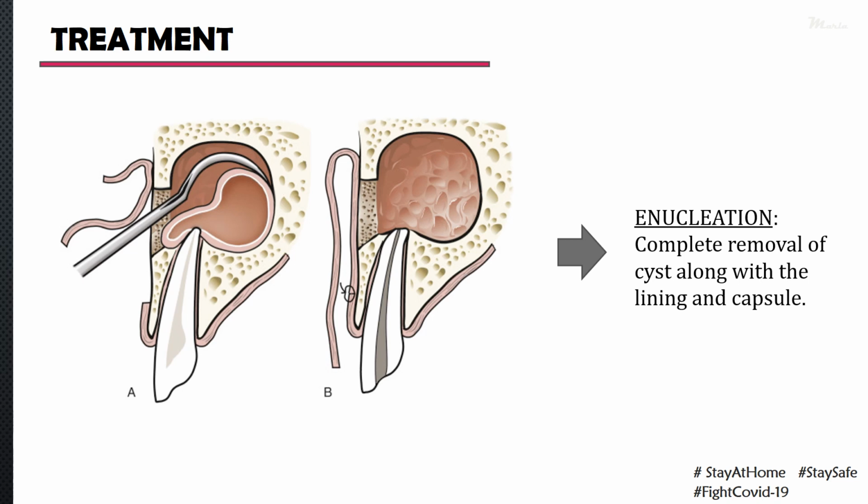The bony defect caused as a result of the cyst will heal slowly over months by formation of new bone within the cavity. So this describes the procedure for surgical enucleation.